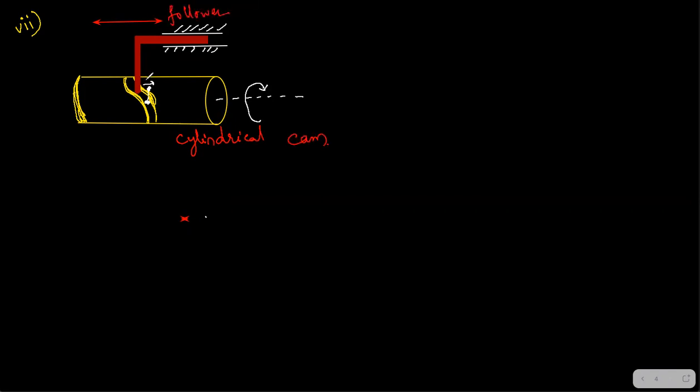You can see that in this arrangement, the follower is in the plane that contains the axis of the cam. Fine. So see, axis of the cam is this one, and the motion of the follower is here. So both are in the same axis.